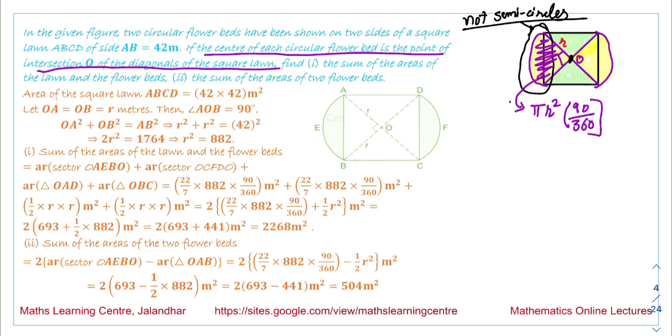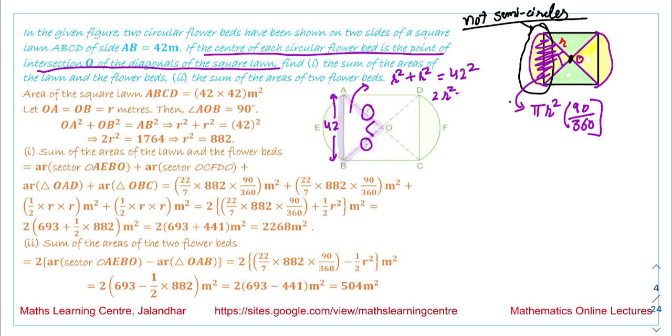Now if we look at this triangle AOB, we are saying this is right angled at O. These two values are equal to R. Now the value of this AB is given as 42 centimeter. So in this right angled triangle, we have R square plus R square is equal to 42 square.